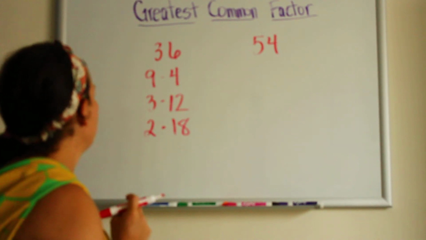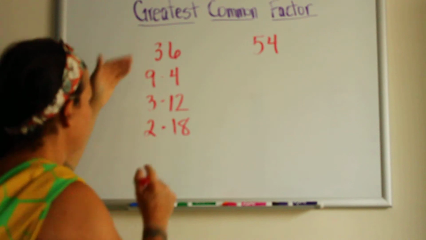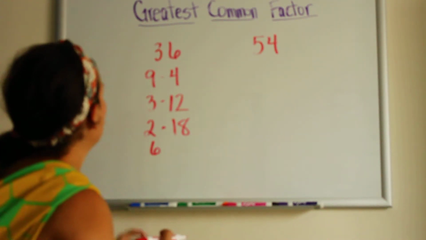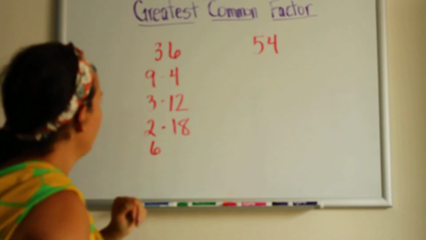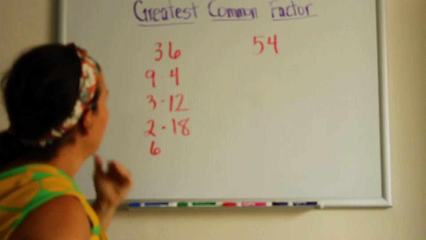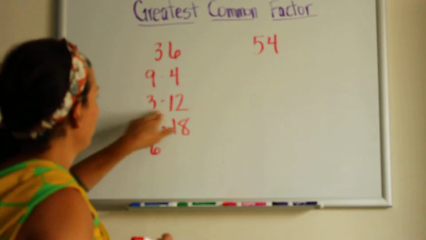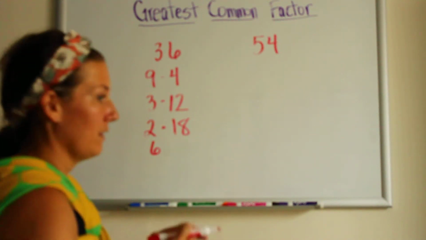Let's count up: 2, 3, 4, 5 is not going to go into it. 6 times 6, so I only need to write the 6 once. 7 won't go into it, 8 won't, 9 we already have, 10 won't go into it, 11 won't, 12 I have, and at this point, once I've matched up with my smaller number, I've eliminated my possibilities.